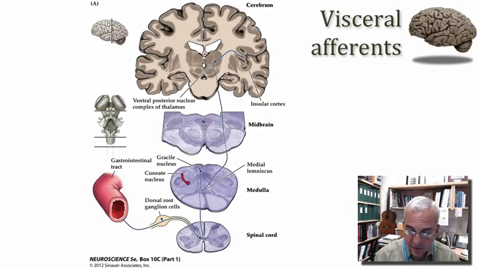Consider the gracile nucleus, for example. It's integrating inputs from the lower part of the body, from mechanosensory afferents that are more peripheral in their distribution, in the cutaneous surfaces, in the deeper tissues of the limbs, for example. But in experimental studies using non-human primates, for example, we know that the very same gracile nucleus neurons may also respond to distension of the bowel.